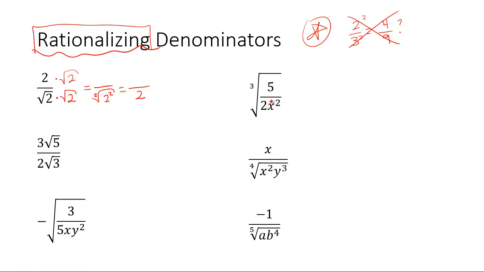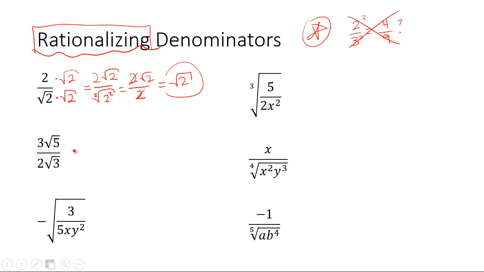So this set of examples is all to do with a monomial term. In the next set, we'll look at what happens when you have binomials in the denominator. So here we're left with 2 root 2 over 2, which in fact simplifies to root 2. It's a little simpler than 2 over root 2.